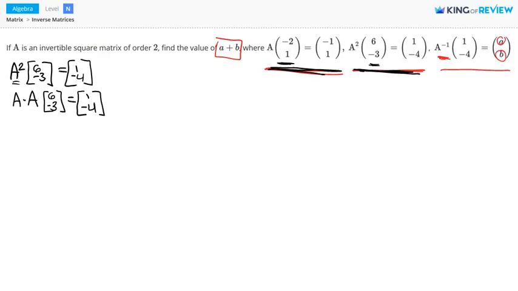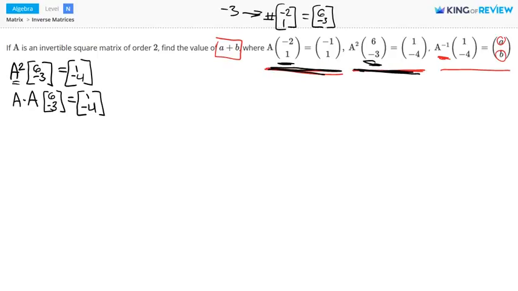So I'm looking for a number that I can multiply by this matrix to give this matrix here, which has 6 and negative 3. So what number times negative 2 gives 6? And that same number times 1 gives negative 3. Well, that would be a negative 3.